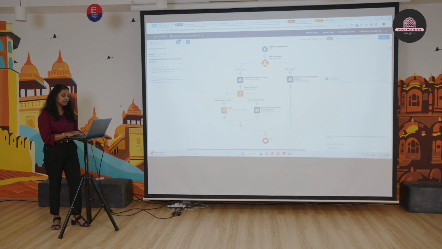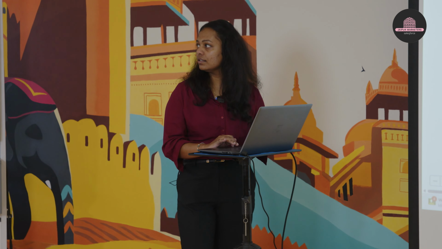Under version 1, we wait and see what the engagements are, and once the engagement is complete, it can move to the right or the left path based on the conditions, and that's how it exits the journey. So Abhinav, you can take it forward.